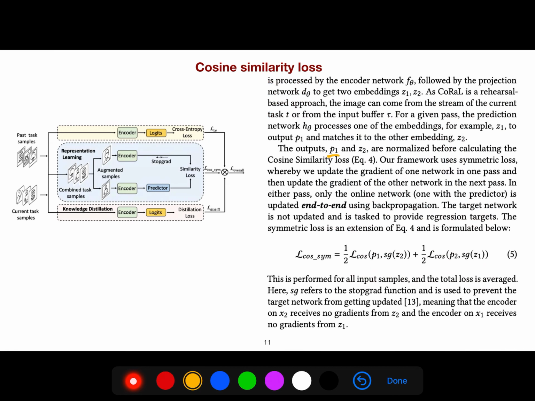The outputs P sub 1 and Z sub 2 are normalized before calculating the cosine similarity. The loss is symmetric here, P1 with Z2 and P2 with Z1, but you can also implement only one side. You get different results if you make it symmetric.